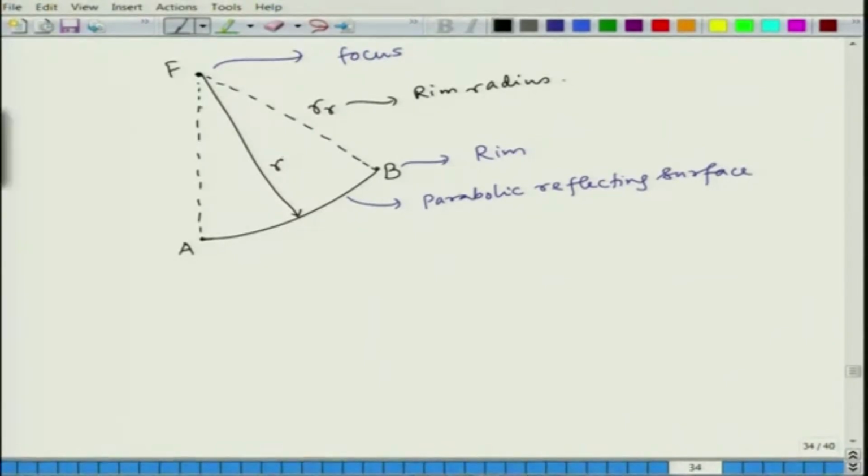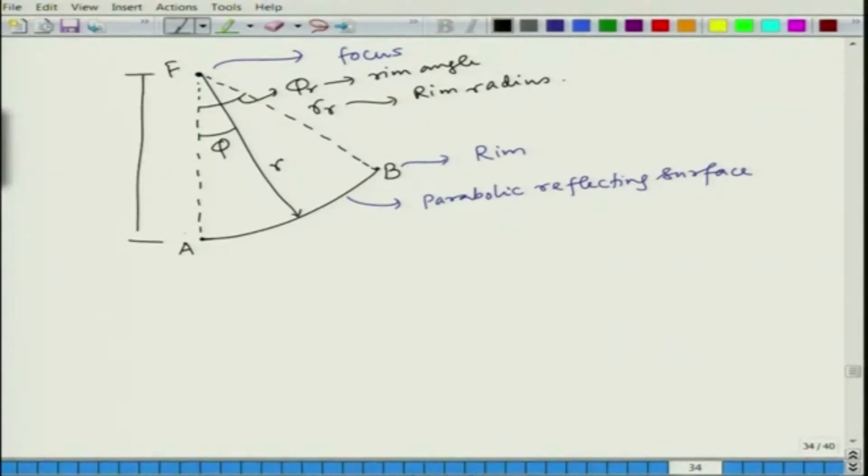Similarly, the angle that the rim point subtends is called the rim angle, okay, and at any other point you can draw the angle which is phi, and let us name these.